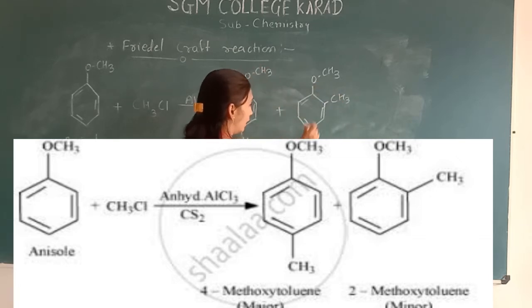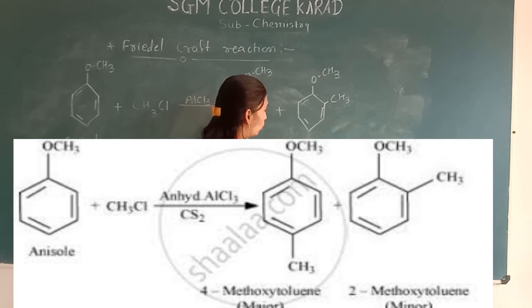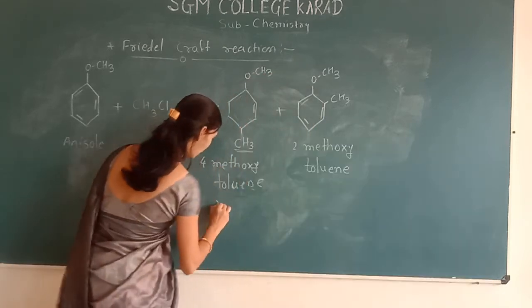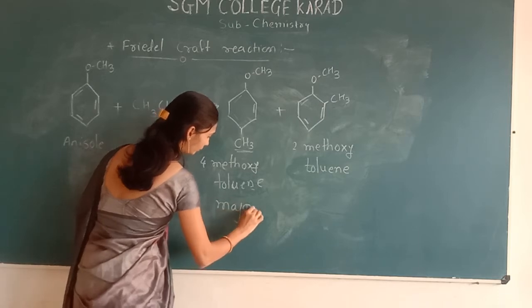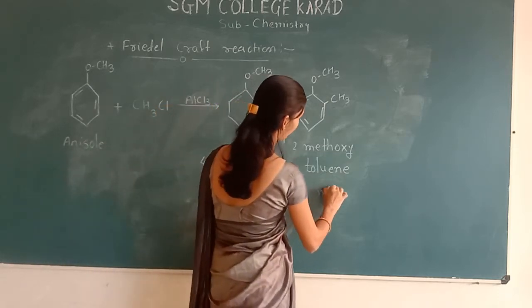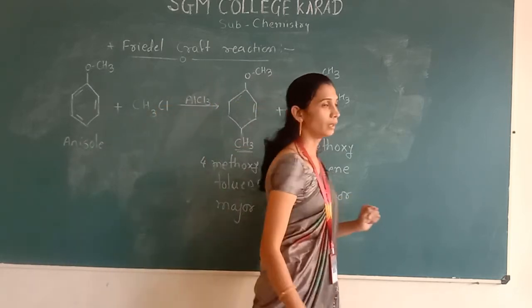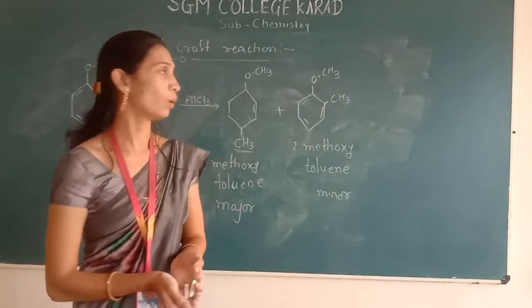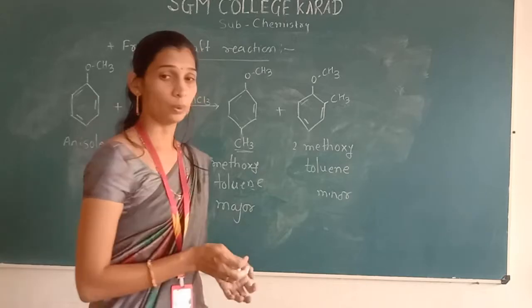Therefore, we write 2-methoxytoluene. It's a major part. It's a minor part. Now, these two products are produced from anisole.